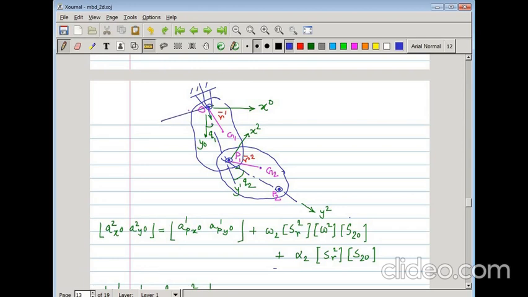So this is actually x1 and this is x2. So the previous x1 and x2 go, and this is now x0 in this direction.